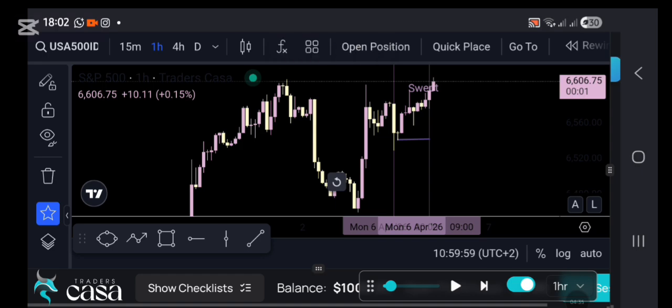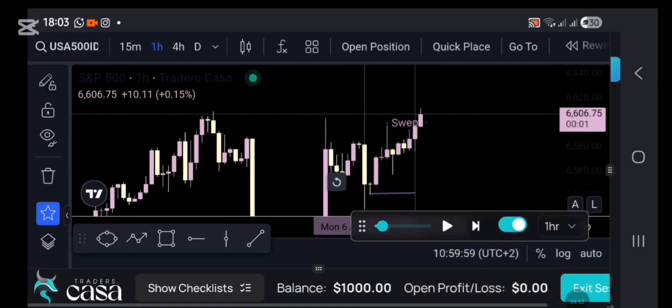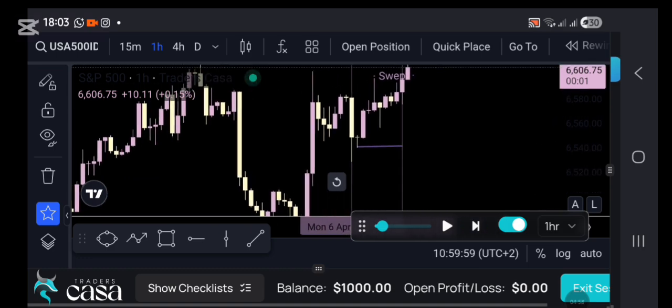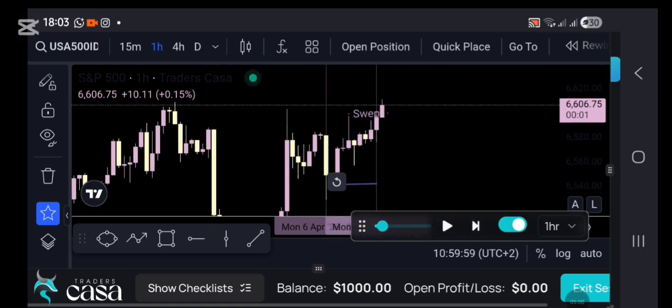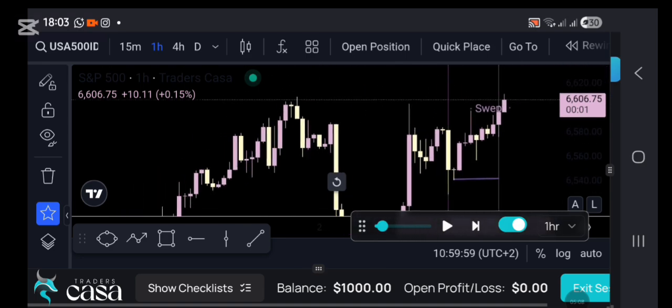The one thing I like to do is see what attracts price to sweep the high or the low. Before that, I wanted to do that so that we can actually see what attracts price to sweep the high of the Asia or the low of the Asia. Let me show you real quick.